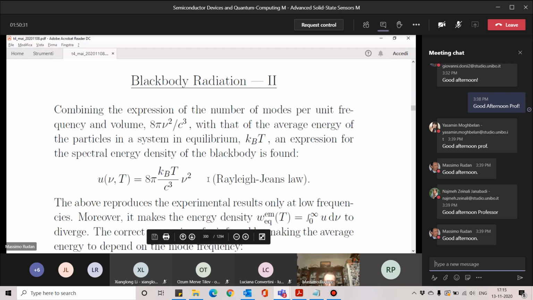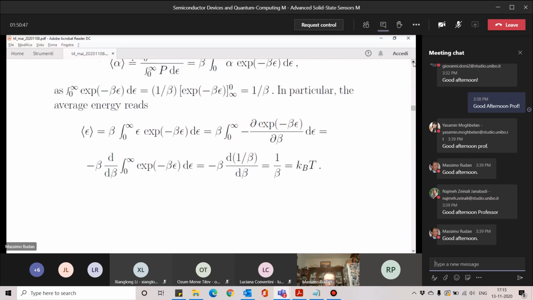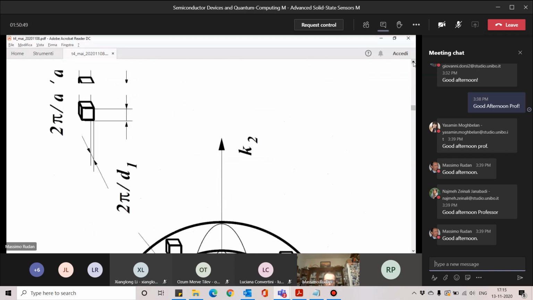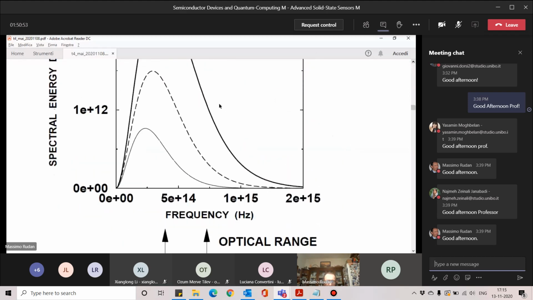Indeed, this law that was derived by Rayleigh and Jeans is correct at low frequencies, okay? Because you remember that in the black body radiation, the experiment showed that near the origin, the curves are like parabolas, okay?